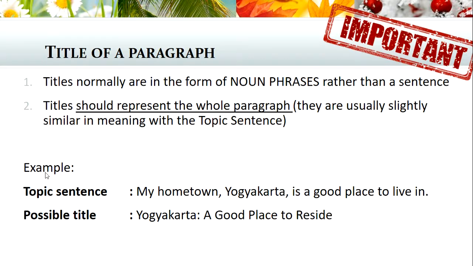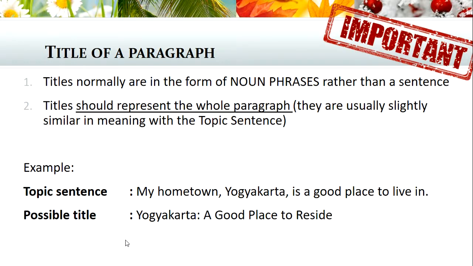So, for example, here we have topic sentence. Topic sentence, of course, the form is a sentence. My hometown, Yogyakarta, is a good place to live in. That is an example of a sentence. And then we write a paragraph about it with this topic sentence, and then we make the title.